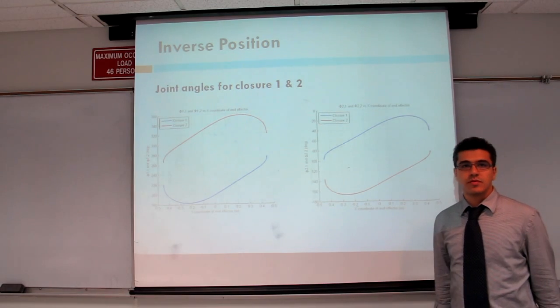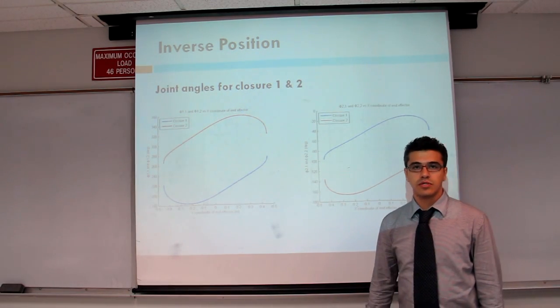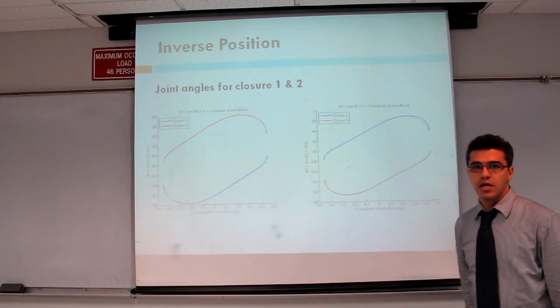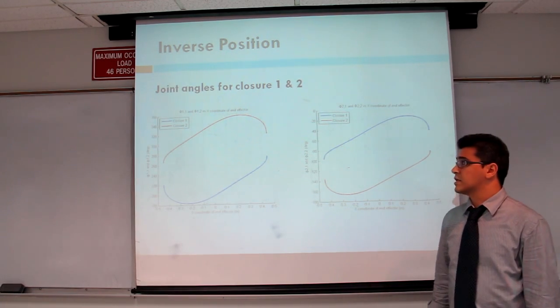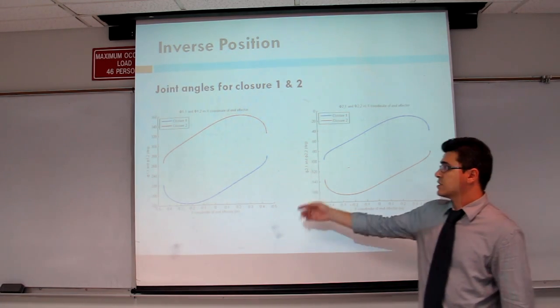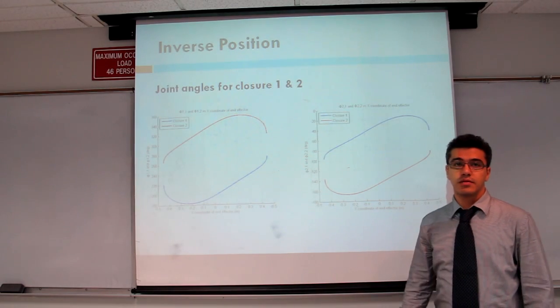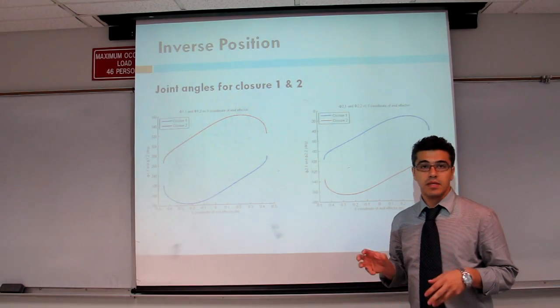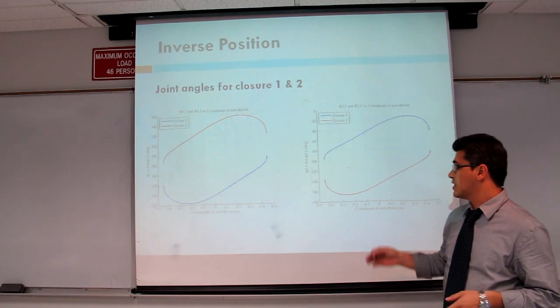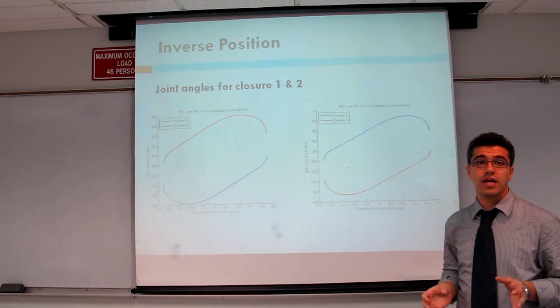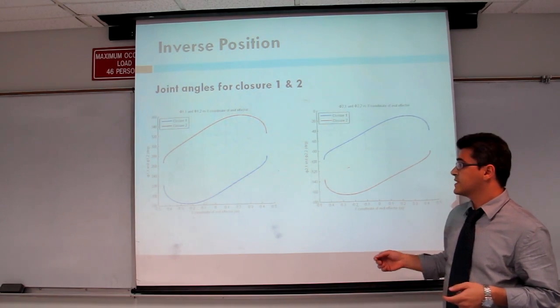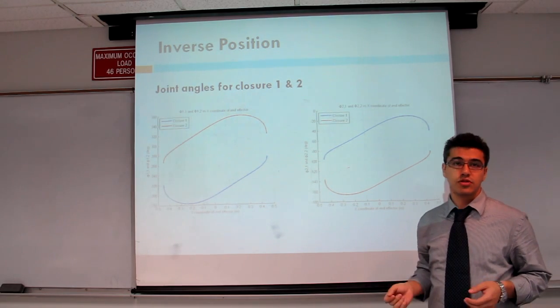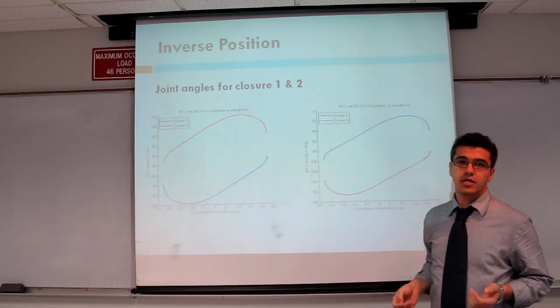These two diagrams have been obtained by using the inverse analysis of the system. The first diagram shows the angle of the first link, and the second diagram shows the angle of the second link, as a function of the end effector position for both the closures.